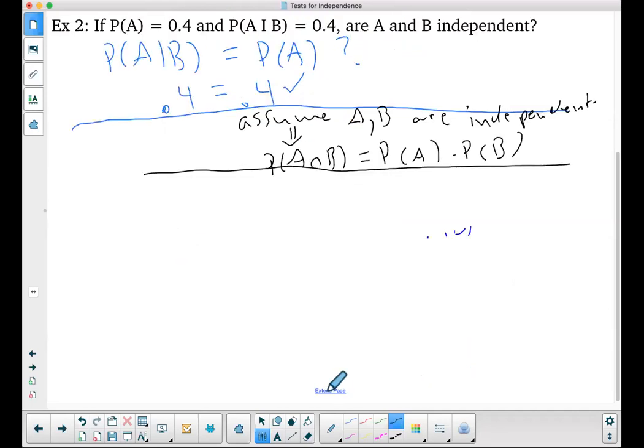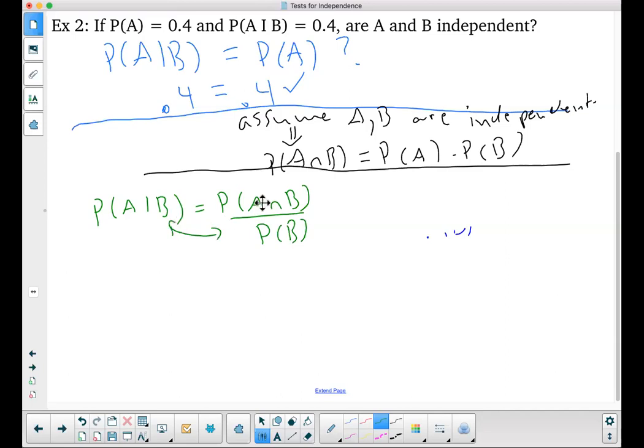Now, we'll write out the given formula. The probability of A given B is equal to the probability of A and B over the probability of B, right?